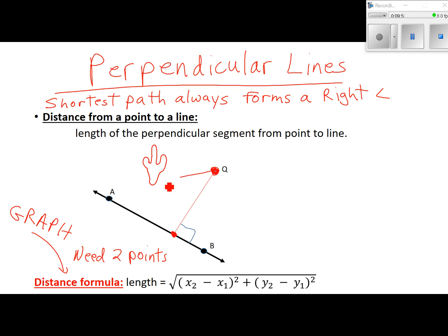We're not gonna call her on her phone and say, okay, you gotta go this direction. We don't want her to go that direction. She's not gonna make it. We want her to go the shortest path so that she can make it there. And that shortest path is always going to form a right angle with the line. Has to be that way. So if we want to find the distance for Haley to walk from Q to this road, we want that path right there. Because we want Haley to get there as quickly as possible. Because we don't want her to perish out there in the middle of the desert.